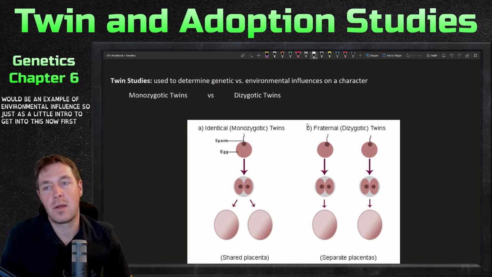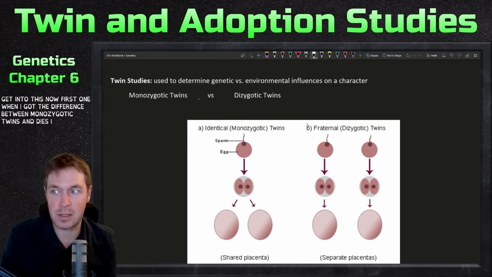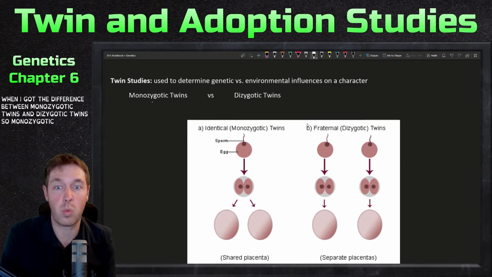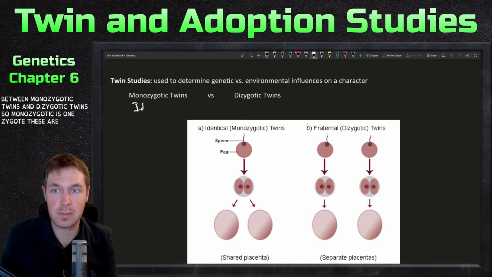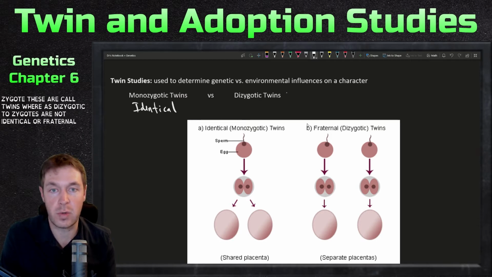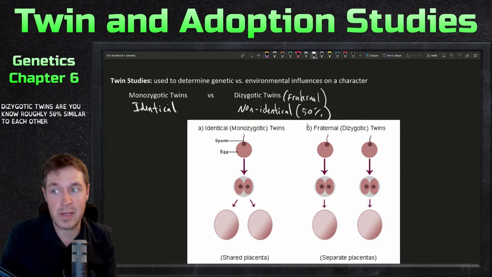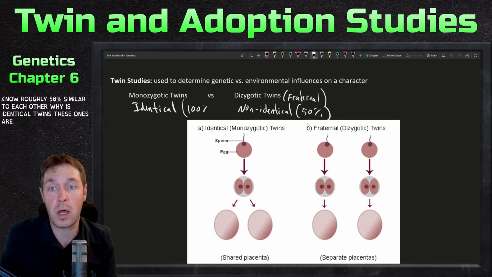Now, first, I want to talk about the difference between monozygotic twins and dizygotic twins. Monozygotic is one zygote. These are identical twins. Whereas dizygotic, two zygotes, are non-identical or fraternal twins. Dizygotic twins are roughly 50% similar to each other, whereas identical twins are 100% similar.